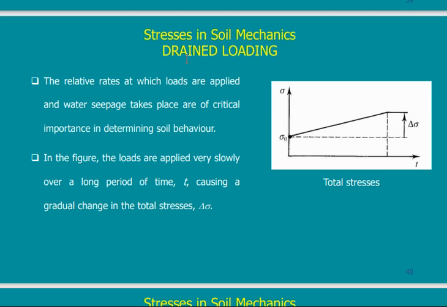If I want to make an experiment at the lab to simulate both the sand and the clay, for the sand, I have to simulate a case of drained condition. Why? Because water is either not there, or if it was there, it was expelled very quickly, so it had no effect in my test. So I should do a test which is a drained test.